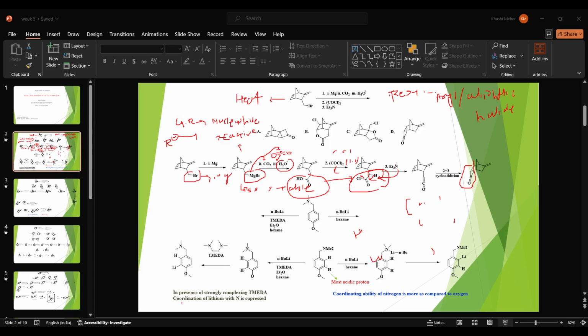The hydrogen and boron have to be added from the same face. As I told you, the boron and the alkyne carbon form a four-membered chelating ring during the reaction. That's why it has to be added from the same face only.